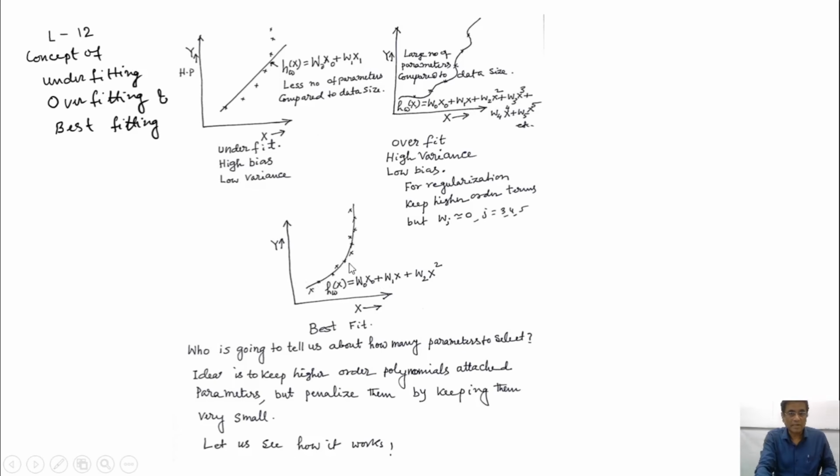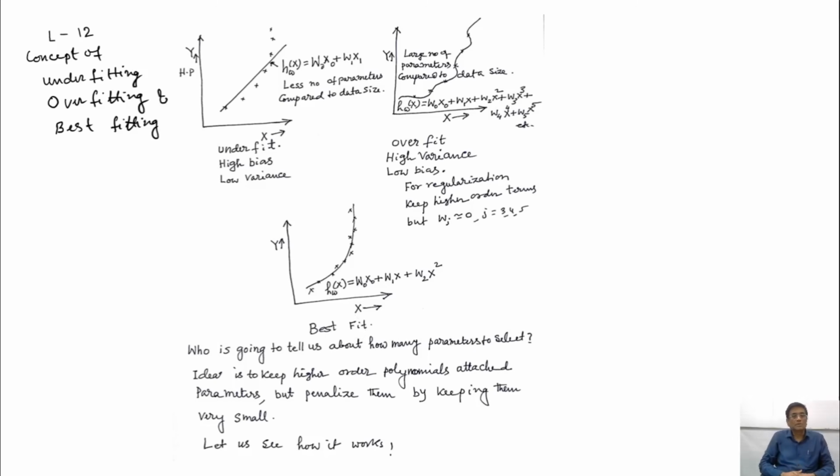So I have been able to design the predictor accordingly, and that will be the best fit, because as long as this nature of the data remains, my predictor will be able to predict. That's why we are calling it best fit.